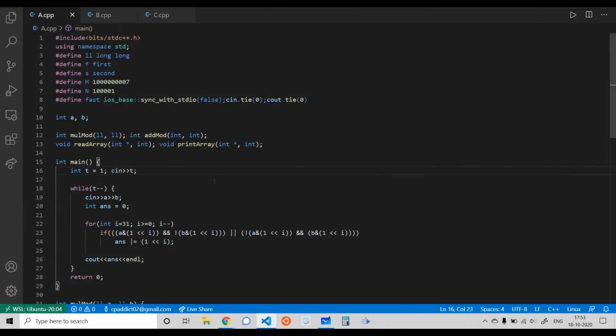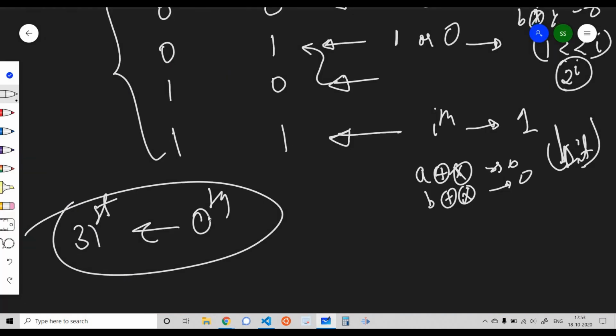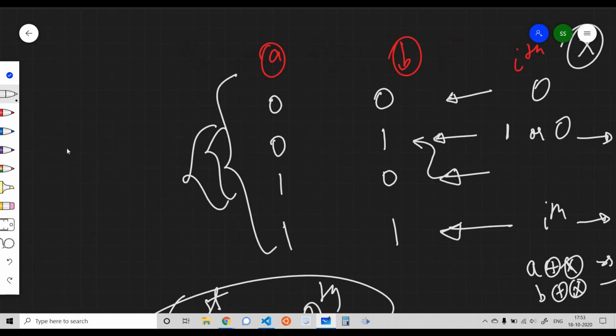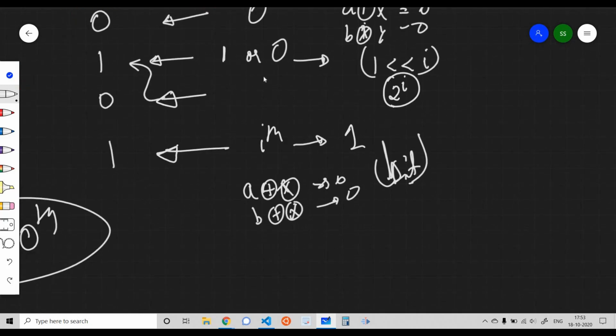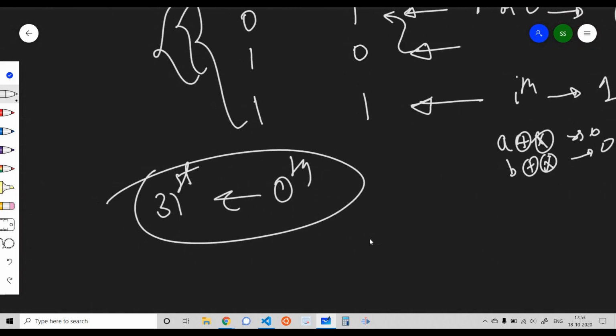Let's see the code now. We have taken the input and iterate over the bits starting from the 31st bit to the 0th bit. I'm checking if the case is either 2 or 3, because only in these cases there would be some term adding to our final answer, that is the equation which we have been given.